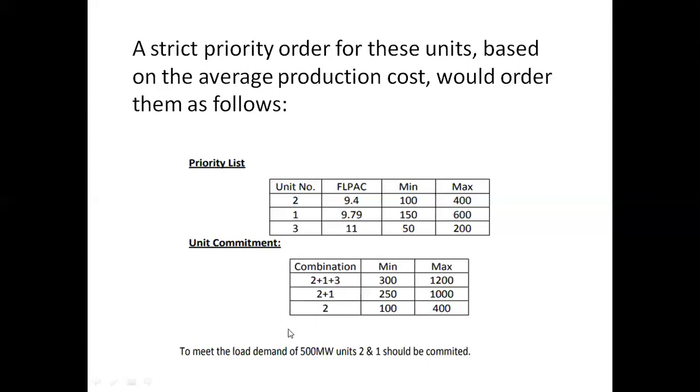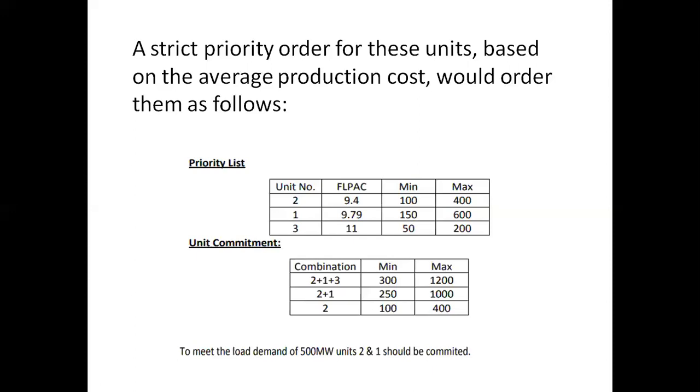Say we have a load demand of 200 megawatt, we think that we can easily run unit 3 because it is capable of meeting it. Say we have a load demand of 150 megawatt, it lies between 500 and 200 megawatt, so we can easily think that we can commit unit 3 and meet the load demand.